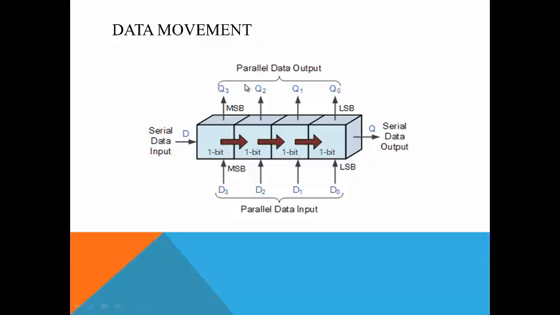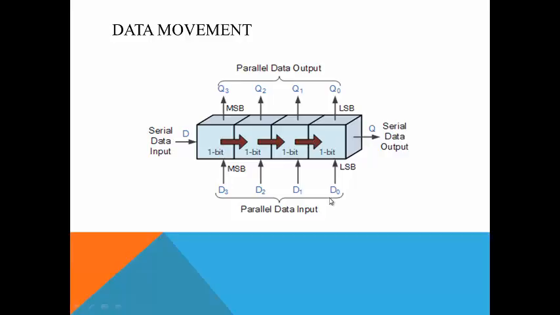Okay, and then you may have a parallel data in. So parallel data input can be given to the flip-flops in parallel. So in one clock cycle you can take all the data bits. Similarly, you can take all the data out from the Q outputs of the flip-flops. So this is also possible. Sometimes you may take the data in parallel and transfer it one after the other.